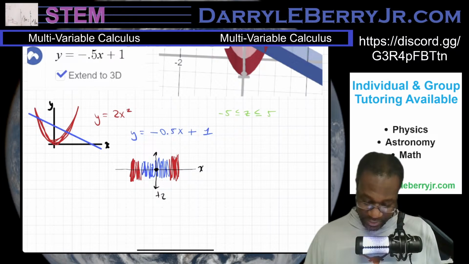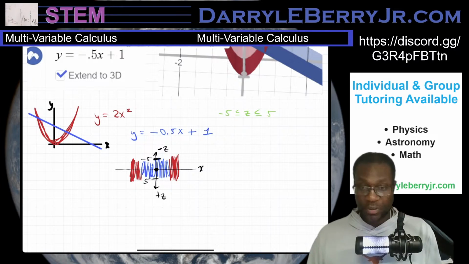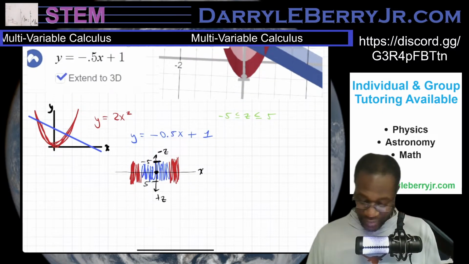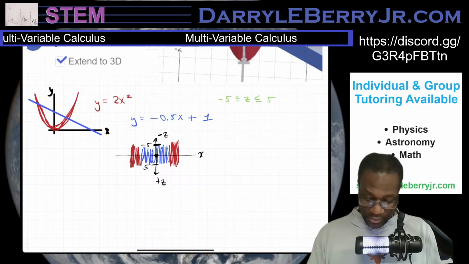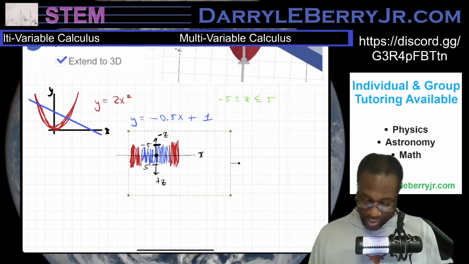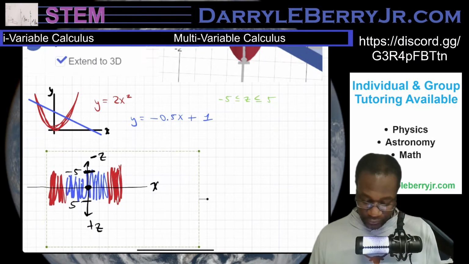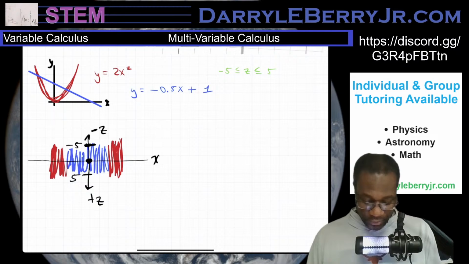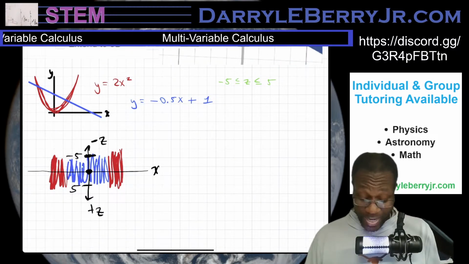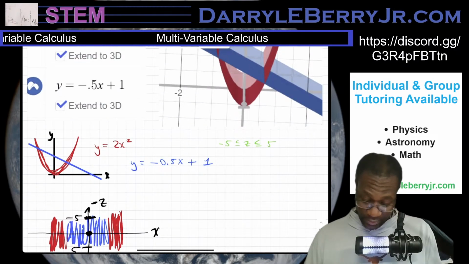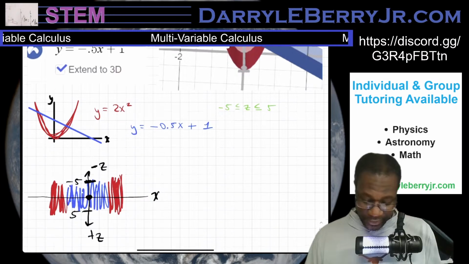So this will be plus z, this will be minus z, and this would be -5, and this would be 5. Hopefully it's clear the volume these lines are carving out in space. It's 10 wide and is bounded by these things.